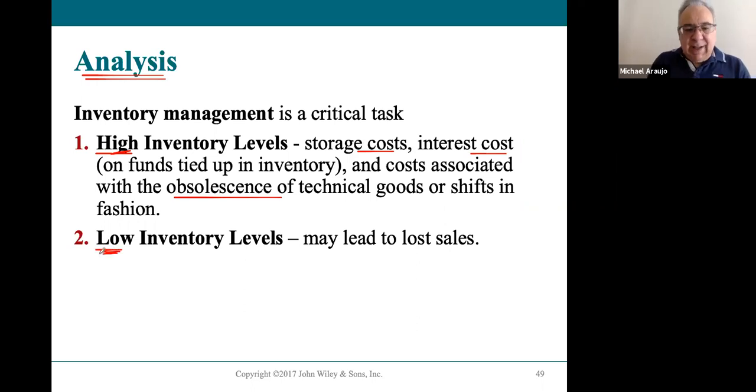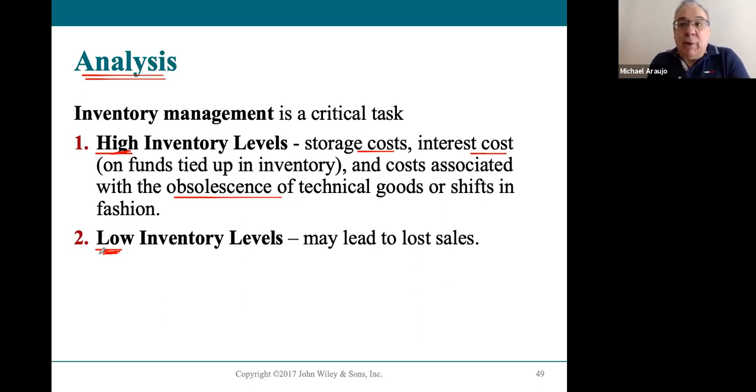Equally horrible is a low inventory level because when customers come in, they want to buy it. And if you don't have it, you can't sell it to them. So you lost a sale, right? And customers get really upset when they walk into stores and you don't have any more, but you have it advertised. You know, yeah, but we just ran out. Well, that's not good. Customers are going to be really upset.